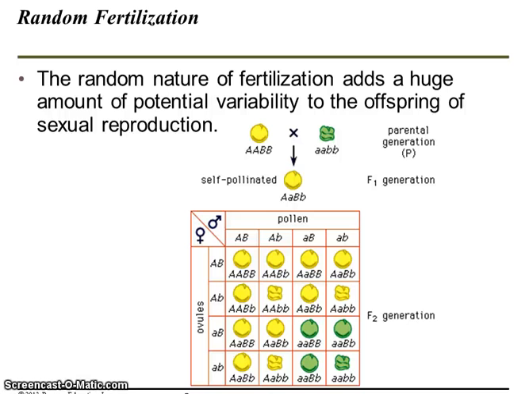This randomness, this variability, helps increase the amount of possible variation that the offspring of sexual reproduction can have. So this shows, for example, Mendel, we'll look at him next time, looked at pea plants and their genetics. And because you can have all sorts of different traits get passed on, this shows a couple different traits and what the variation in offspring could look like.